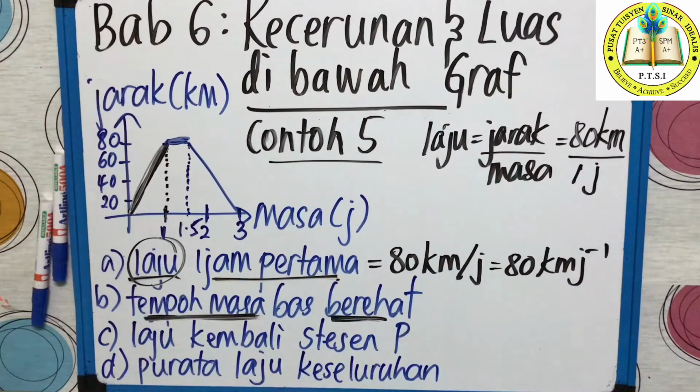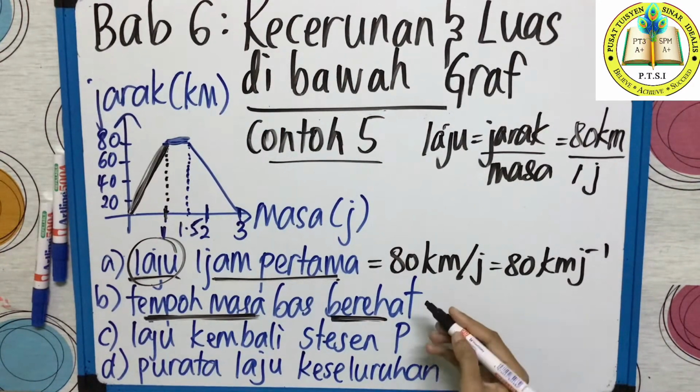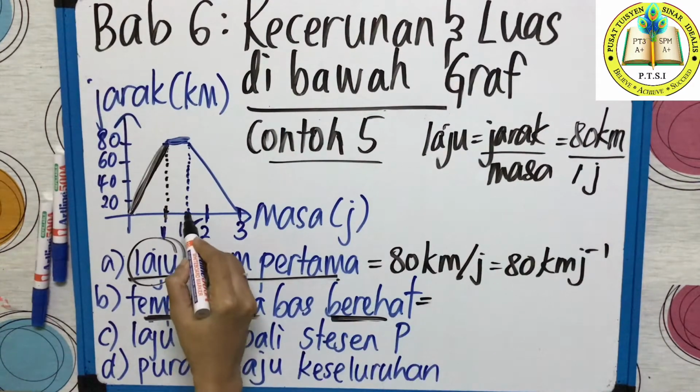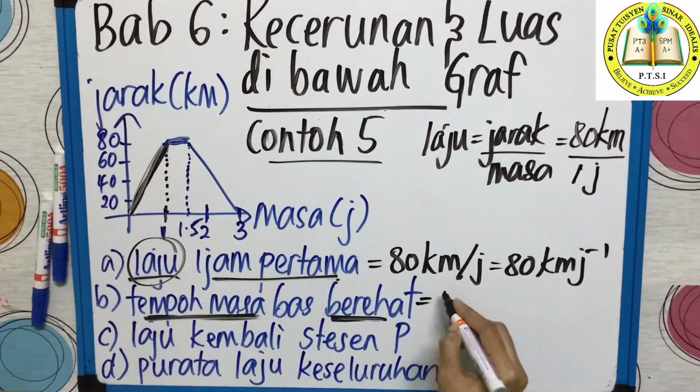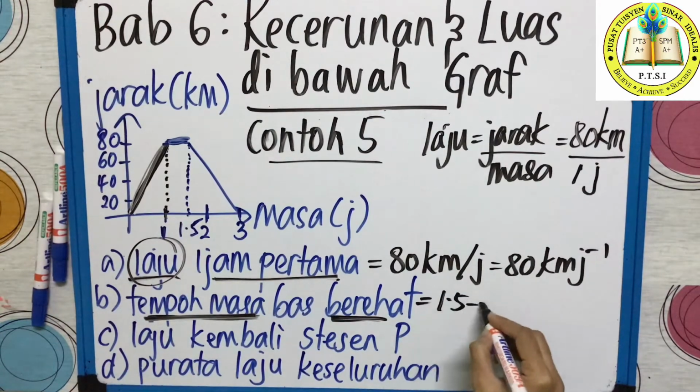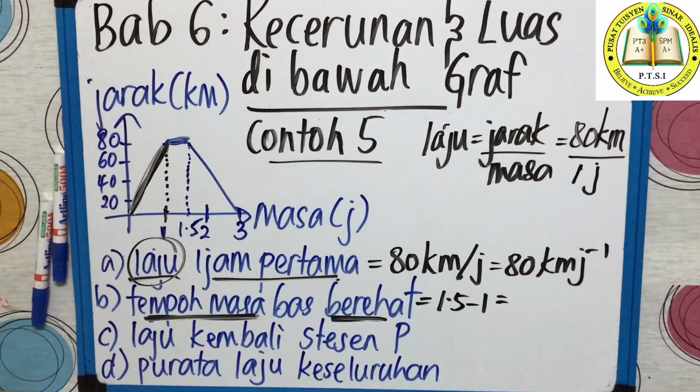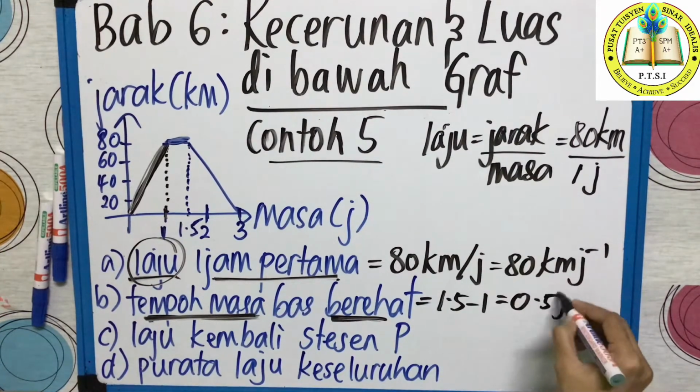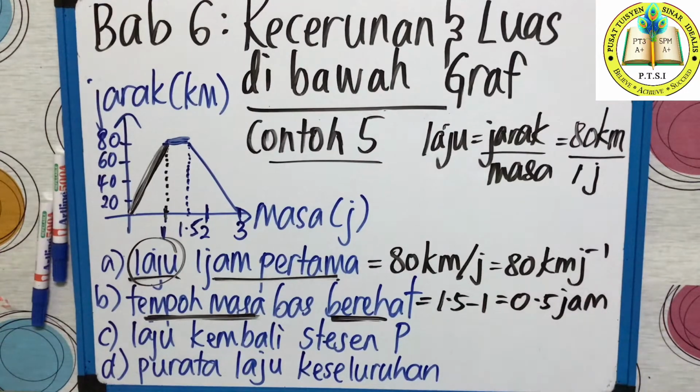So, berapa lama bus itu berehat? How long does the bus stop? Very easy calculation. What is supposed to do? Minus, right? So, here 1.5, here is 1. So, 1.5 minus 1. 1.5 tolak 1, kamu dapat 0.5 jam. You get 0.5 hours.